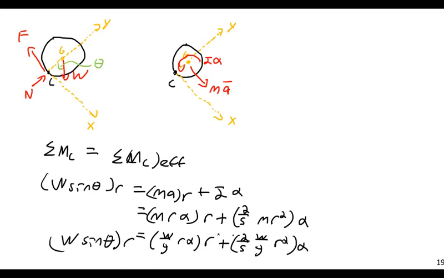But if you go and cancel out the W, you will find that alpha is equal to 5G sine theta over 7R. And then I can say that A is equal to R alpha.